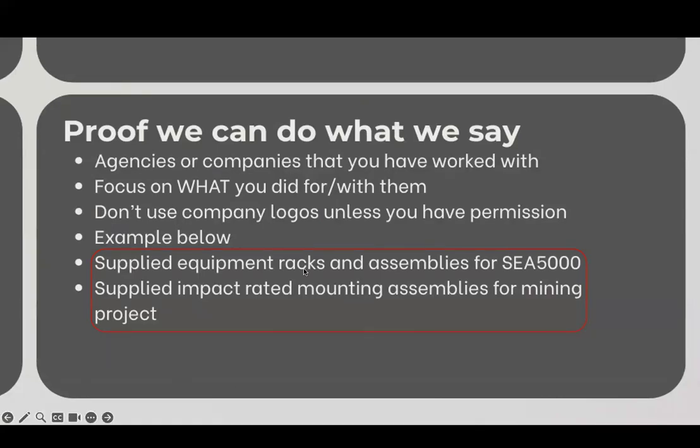So this doesn't have to be war and peace here. Focus on probably just two or three things that you have done. If you can put companies in there that you have worked with, great. It's starting to tell a story that you can do these things, but you understand the language you need to work in to operate in defense. Because like we talk about on the podcast all the time, it's like a different language when you're working in the defense industry, when you're contracting with the government.